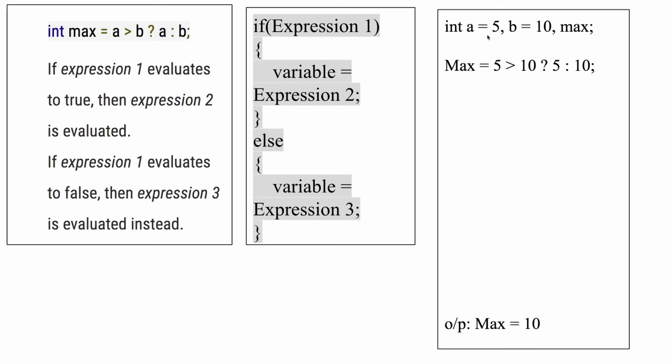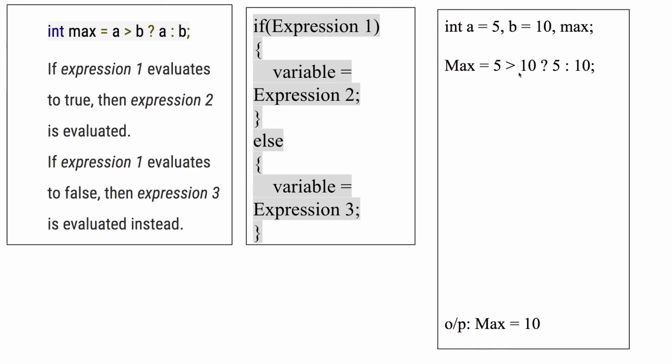Suppose in this case A is equal to 5 and B is equal to 10, then the conditional statement will be max is equal to 5 greater than 10 question mark 5 colon 10. Here A greater than B is the condition to be evaluated.